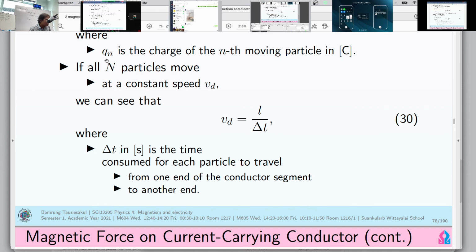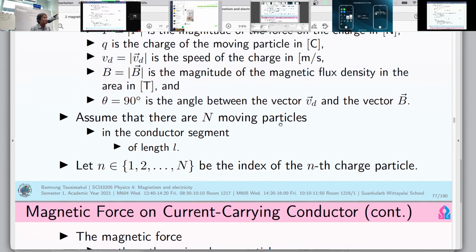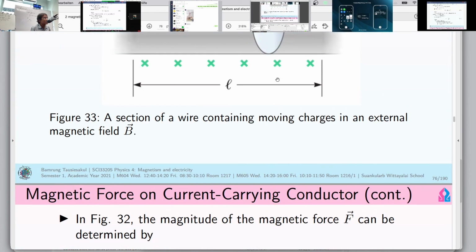Qn is the charge for the n-th moving particle, and if all N particles move at the same speed Vd, we could determine the velocity from the usual expression. You know that Vd is distance per time. So distance here is the distance here.